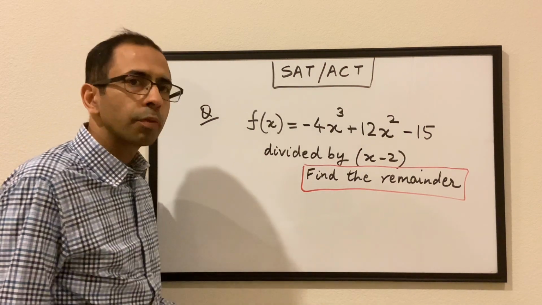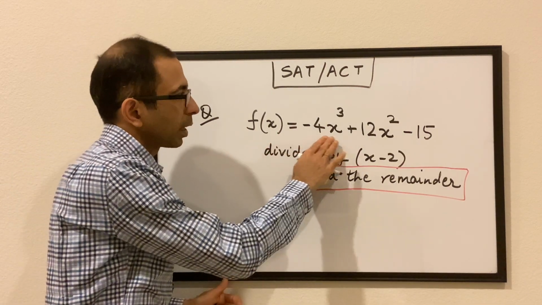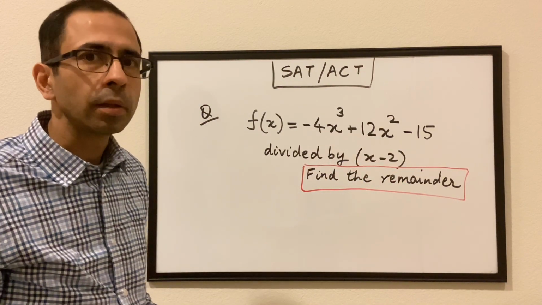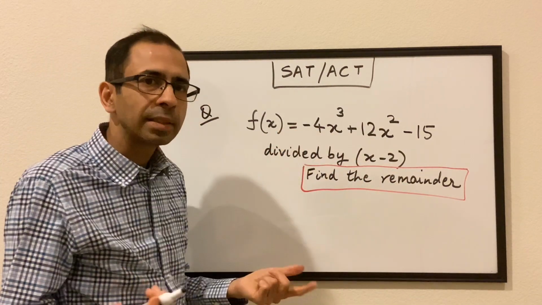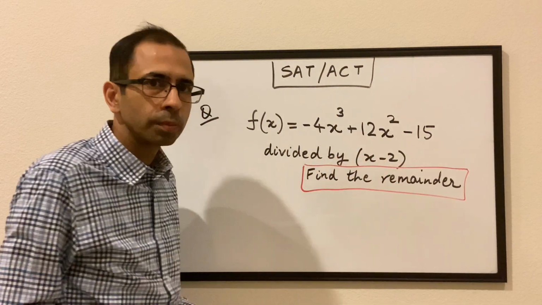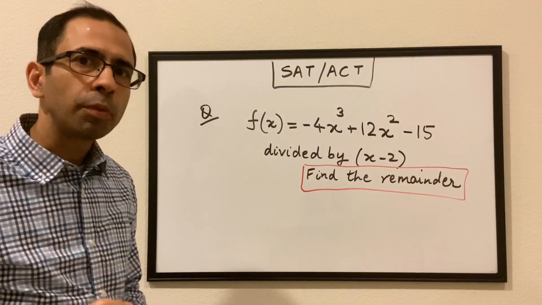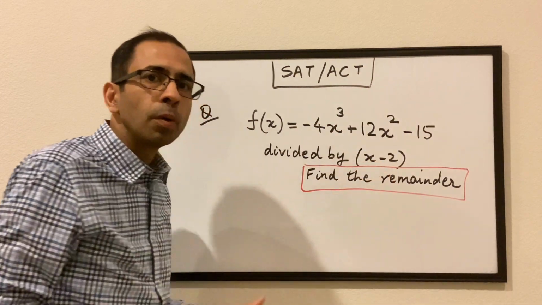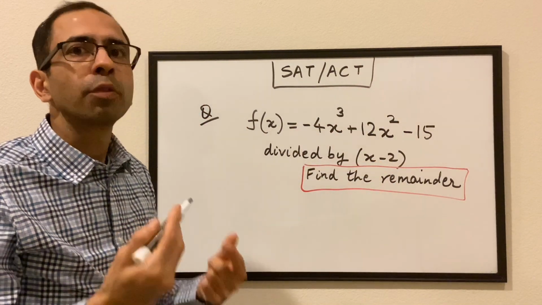Let's take another quick example on the remainder theorem. Let's say that we have a function f(x) given by minus 4x cubed plus 12x squared minus 15, and we have to find the remainder when this function is divided by x minus 2. As per the remainder theorem, when this function is divided by x minus 2, the remainder would be given by f of 2.